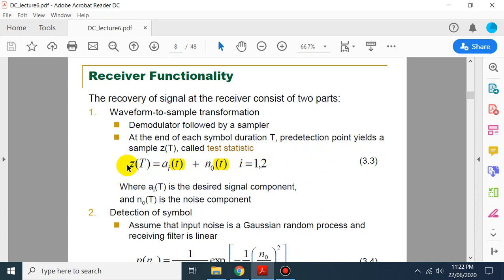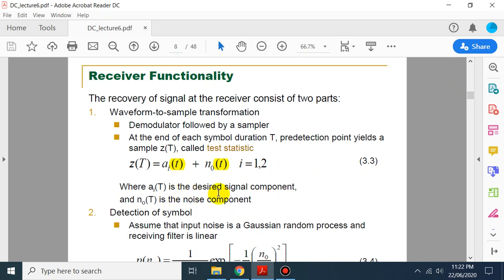Okay, and that z(T) will be equal to a_i(T) plus n_0(T) here, where i will be 1 and 2 here. Now these are the test statistics that are coming from the demodulator block, followed by a sampler here, and this z(T) produces an a_i(T), which are the two hypothesis values that we got in the previous slide here.